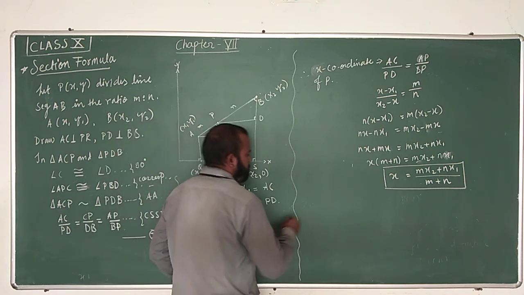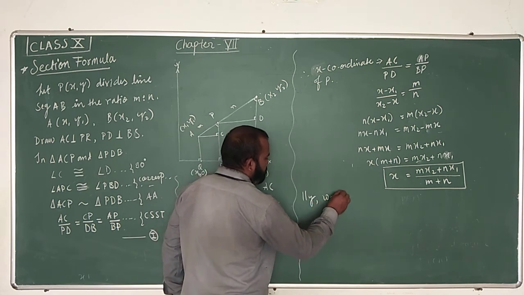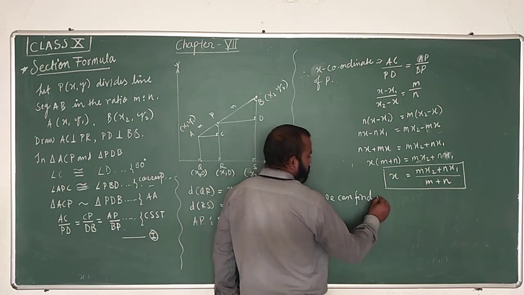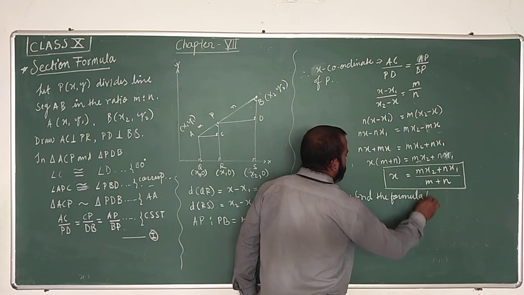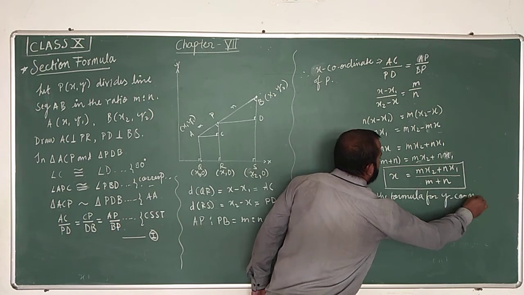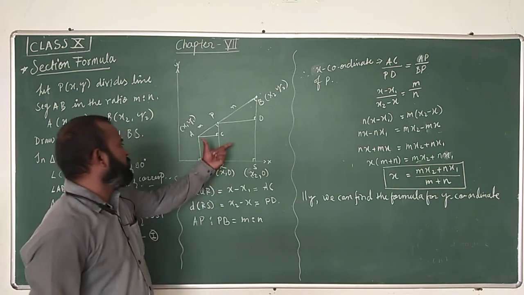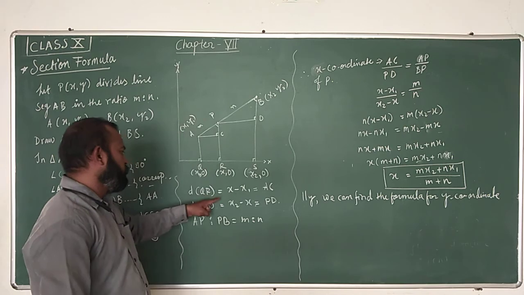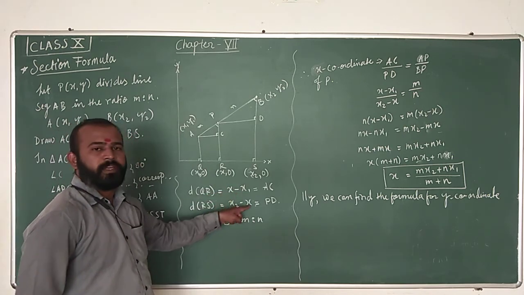Similarly, we can find the formula for the y coordinate, ठीक है? y coordinate के लिए भी अपन फॉर्मूला ढूंढ सकते हैं. As we have drawn perpendicular on the x axis, ऐसे ही perpendicular y axis के ऊपर निकालो, you will get this one. वहां पे मिलेगा y minus y1 and y2 minus y.